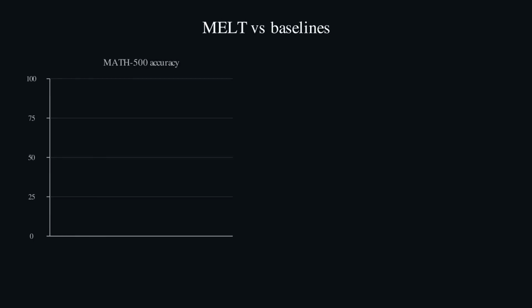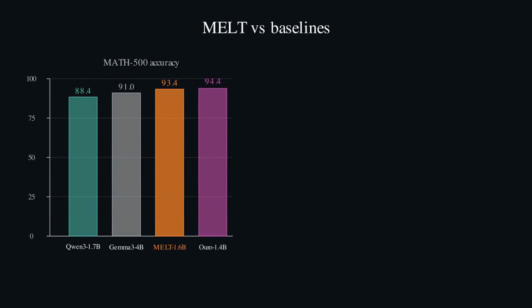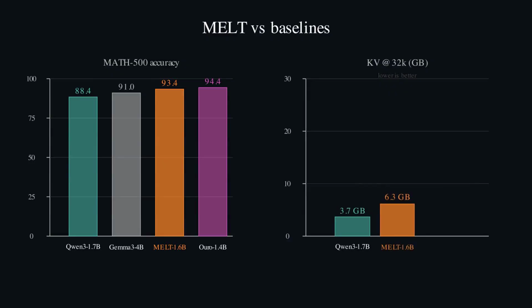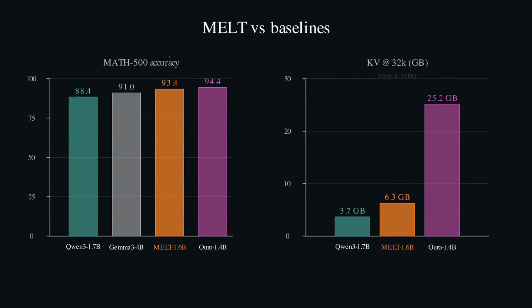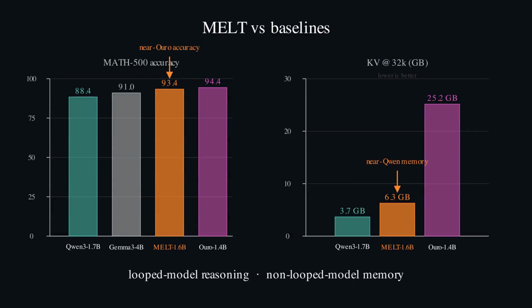Across the math benchmarks, AIME, AMC, Math 500, MELT beats every standard transformer its size. It is a hair behind Ouro on the hardest sets. Ouro keeps 4 times the memory. MELT keeps roughly the memory of Qwen. Looped model reasoning, non-looped model memory.